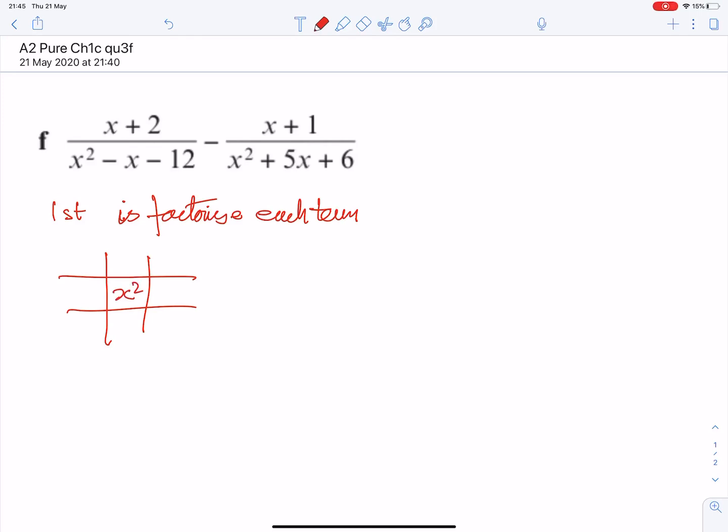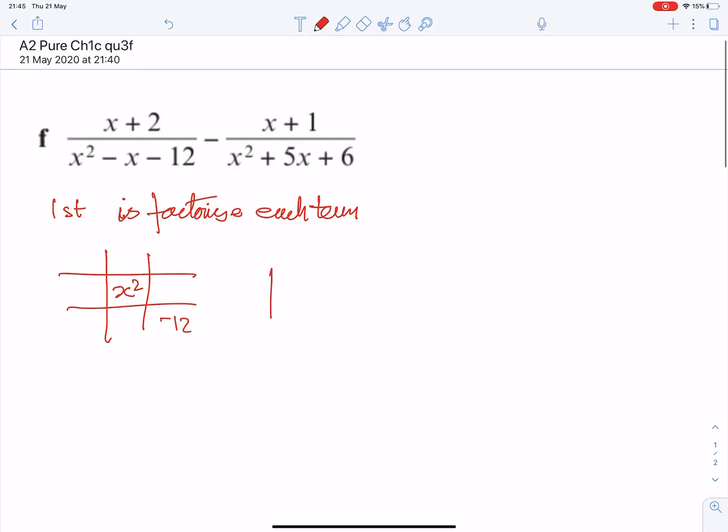So we've got x squared minus x minus 12 from the denominator of the first bracket of the first fraction. So that means I must multiply to give negative 12 and add to give minus 1. So that's going to be 4 and 3, and the 4 must be negative to get the minus 1.